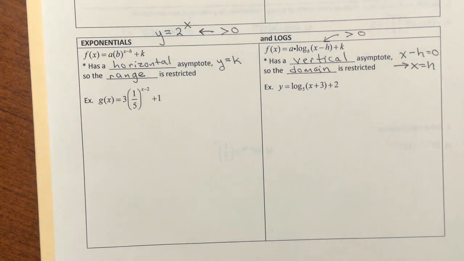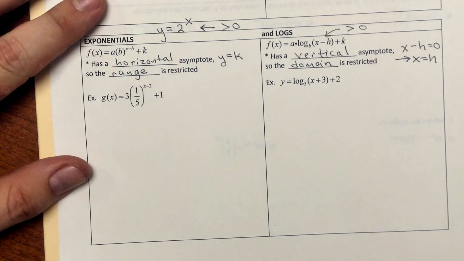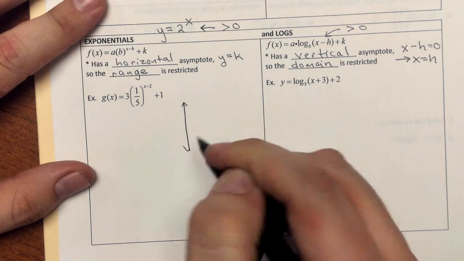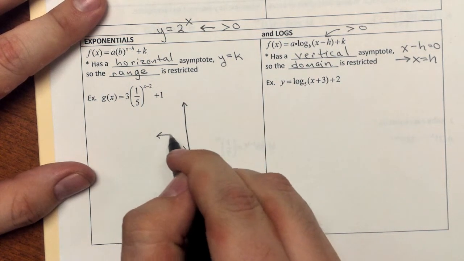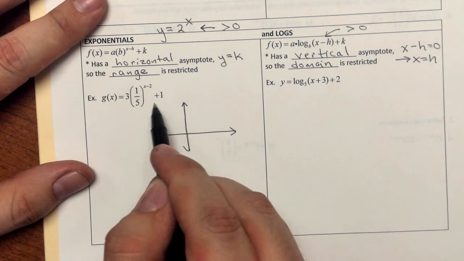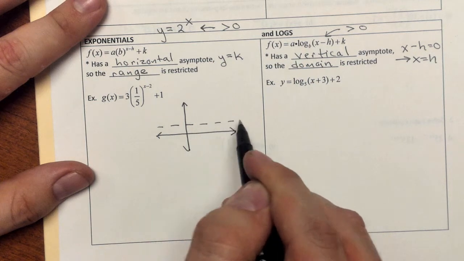All right, so let's think about these things. g of x equals 3 times (1/5) to the x minus 2, plus 1. Again, I'm going to make a rough sketch of what this looks like. Draw some axes. I can see that the asymptote right there, I can see that 1 staring me in the face. So the asymptote is y equals 1.